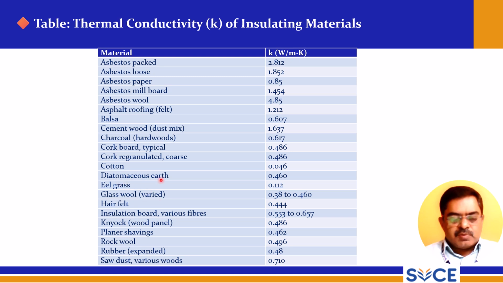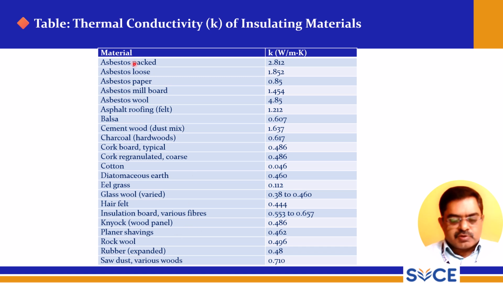And diatomaceous earth, and eel grass wool, hair felt, insulation board made up of or composed of different fibers, and this is nothing but wood panel, planer shavings, rock wool, rubber, sawdust, various from various woods.